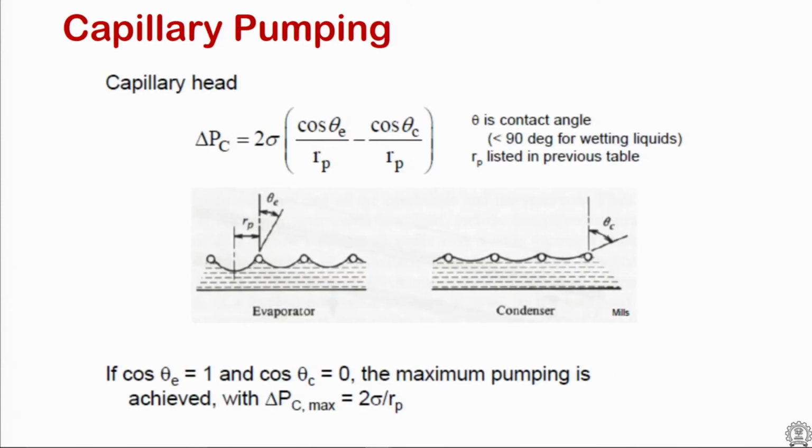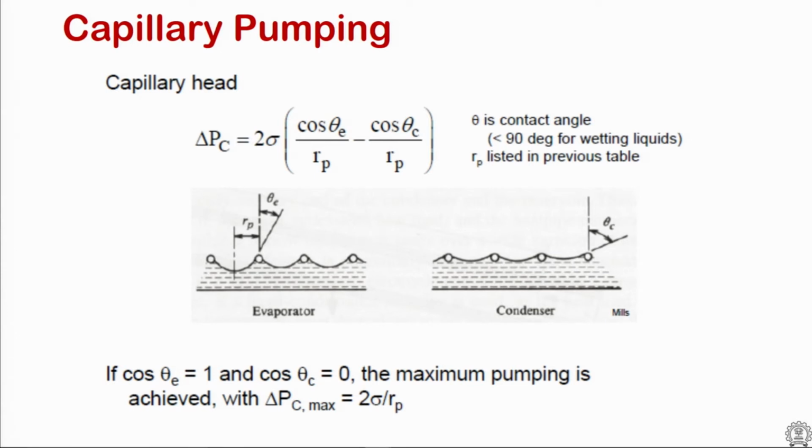One always gets a capillary pressure, and if written with respect to the contact angle, the expression for capillary pressure is nothing but 2 sigma, sigma being the surface tension, times cos theta E, E being the contact angle made in the evaporator section, divided by Rp, the capillary radius of the wick, minus cos theta C, which is the contact angle made on the condensing side.